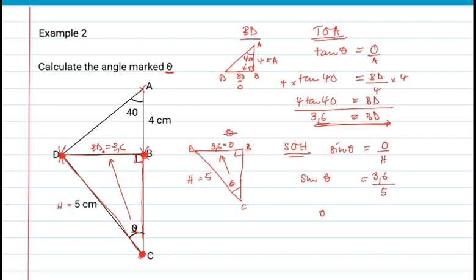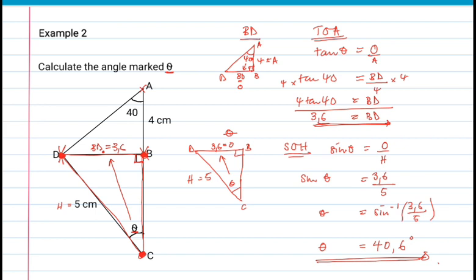So for us to find theta, it will be equal to the arcsine of 3.6 over 5. Evaluating the arcsine of 3.6 over 5 gives us 40.6 degrees.